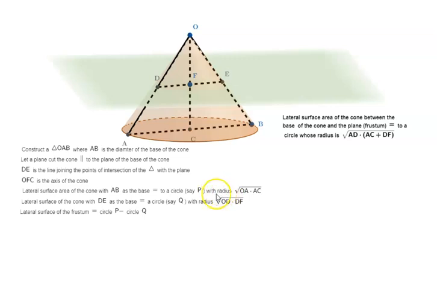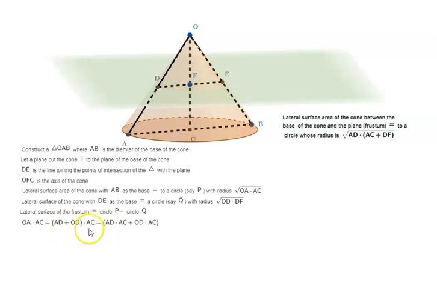Remember, radius square of P will be equal to OA times AC. And similarly, the radius square of Q will be OD times DF. So let's look at OA times AC first. OA times AC can be written as OA is AD plus OD times AC. So we have split OA into AD plus OD. And this can be distributed.